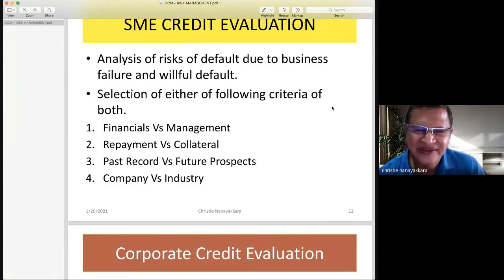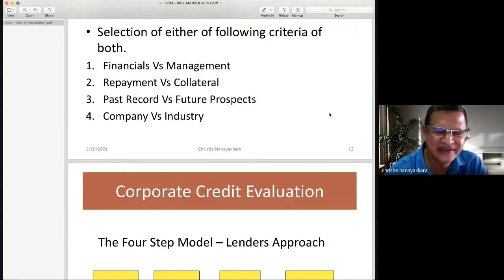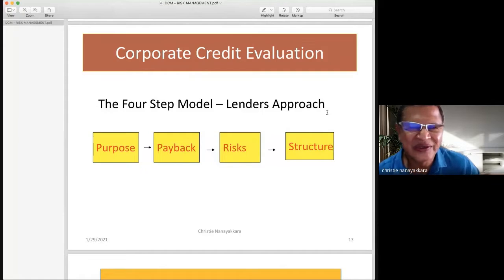You have to visit the businesses, create financials for them yourself, check the repayment, check the collateral available, and look at the track record of the customer and his future prospects. Then we looked at the industry he's in and how good his business is, which are the criteria for granting SME credit. Then we looked at corporate credit, for what purposes banks generally give corporate credit, and what the repayment or payback is.